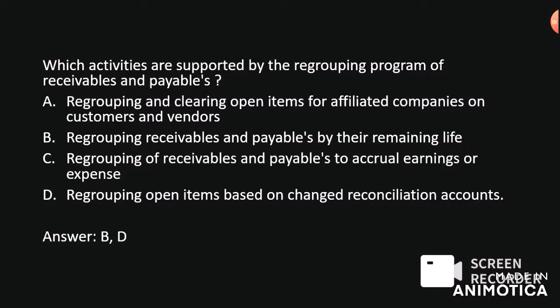Regrouping receivables and payables by the remaining life: yes, we have seen less than 1 year and greater than 1 year, and based on that, we can regroup the information. And regrouping of receivables and payables to accrual earnings or expense: I don't think so. Regrouping open items based on changed reconciliation accounts: yes. So the answer is B and D.